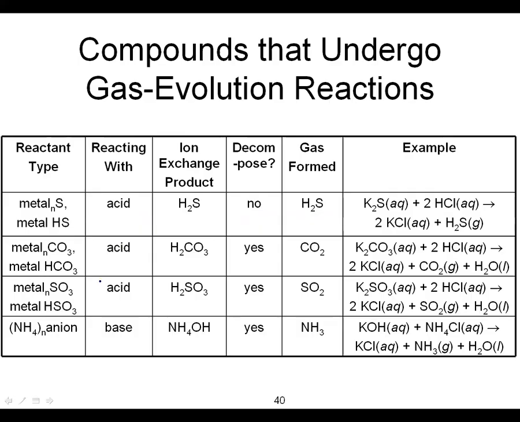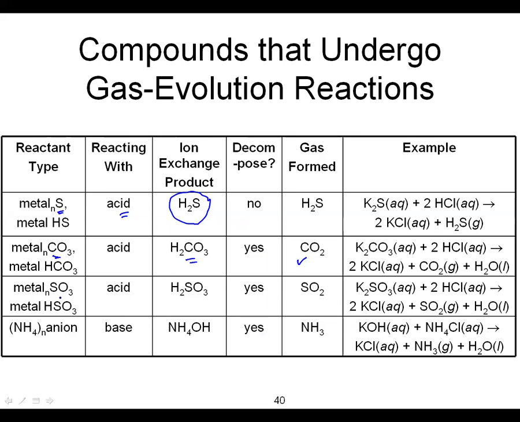This table summarizes some different gas-producing reactions, and some of them are direct, some of them are indirect. So here, the one that we saw, if we take a metal that has sulfur in it and react it with an acid, this is typically the gas that we generate directly. If we take a metal that has carbonate in it, carbonate will typically produce carbonic acid, which will then go through a decomposition reaction to produce the CO2 like we saw.